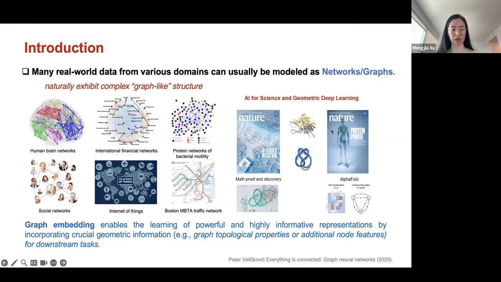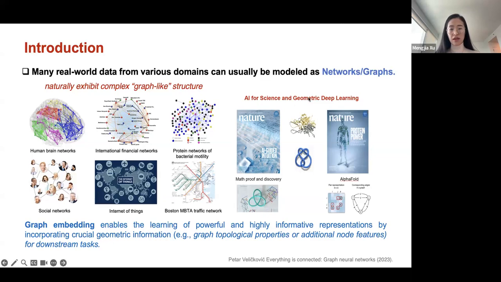Recently, the graph embedding approach has become very promising for learning informative graph representations in the latent space. It enables learning powerful and highly informative representations by incorporating very important geometric information, for example, the graph topological property or additional node features for downstream tasks.